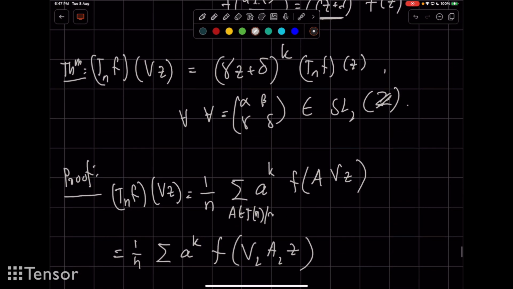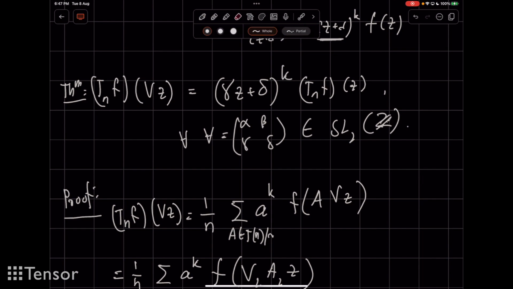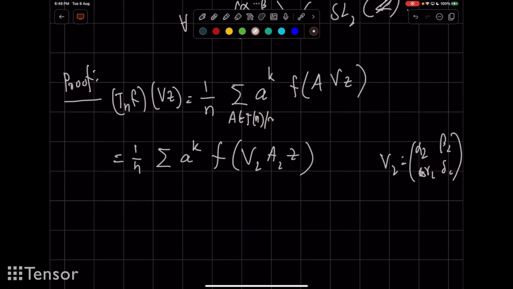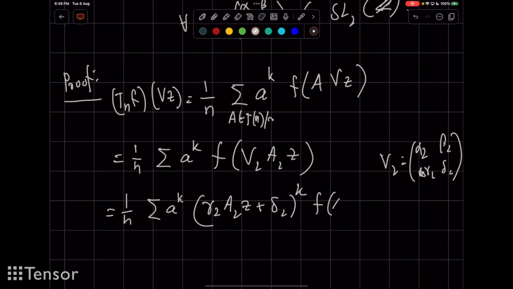Let's say V2 is (alpha_2, beta_2; gamma_2, delta_2). Then by the definition of a modular form, this is equal to (gamma_2 A2 z plus delta_2) to the power k f of A2 z.